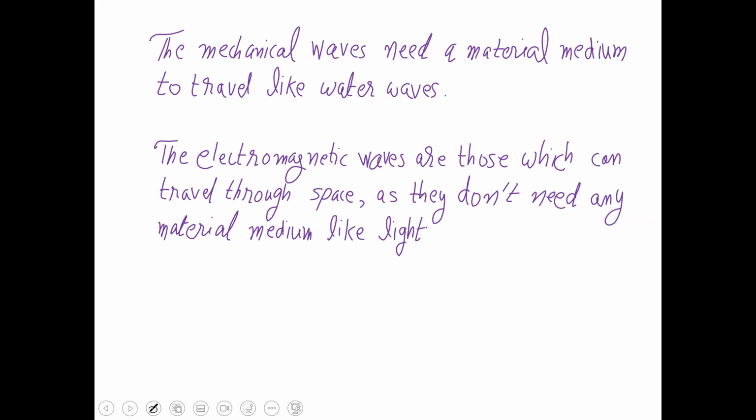So electromagnetic waves are those which can travel without a material medium.